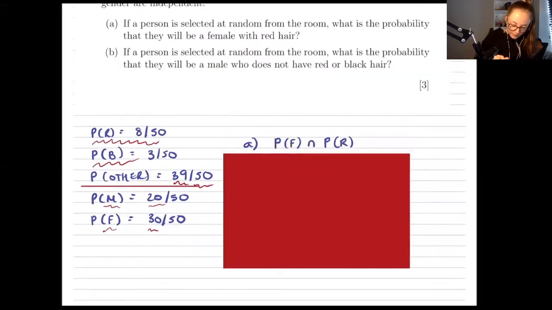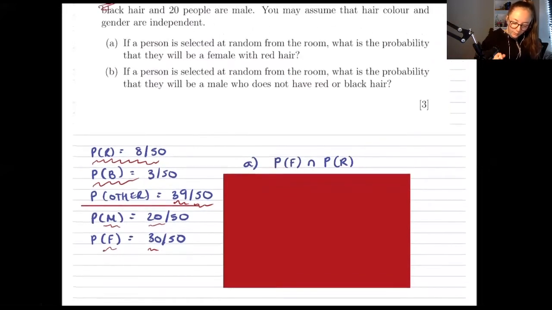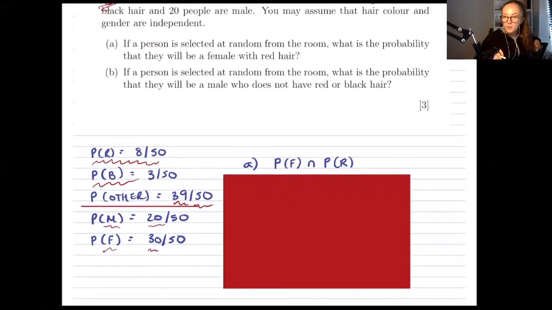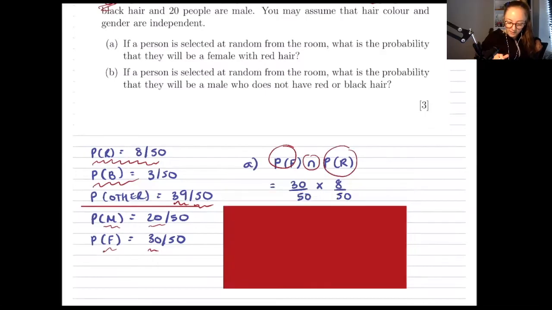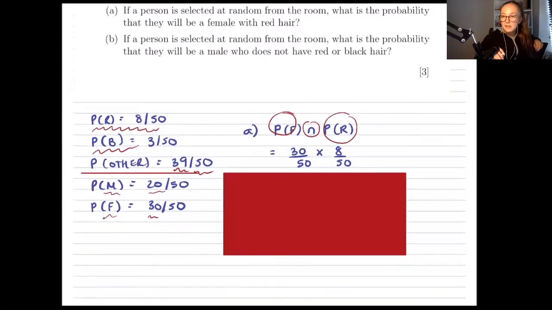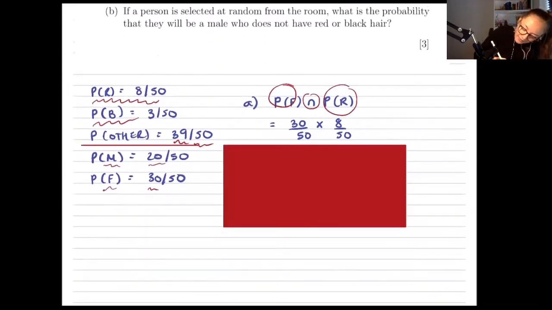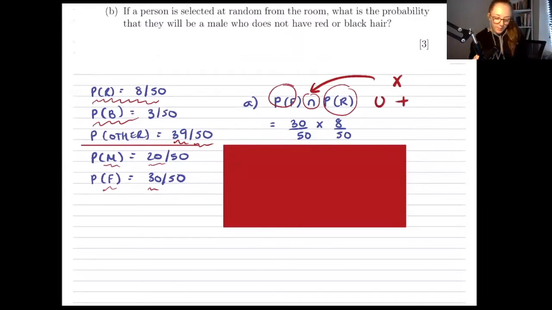So the first question is asking, what is the probability that they will be a female with red hair? So that means they're female and they have red hair. And if you remember from stats and probability in school, to say this and this will be a multiply, and then if you have an or, that will be a plus probability.